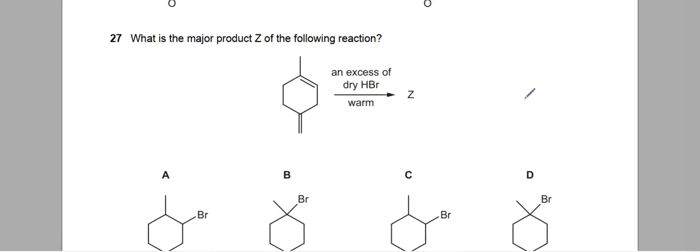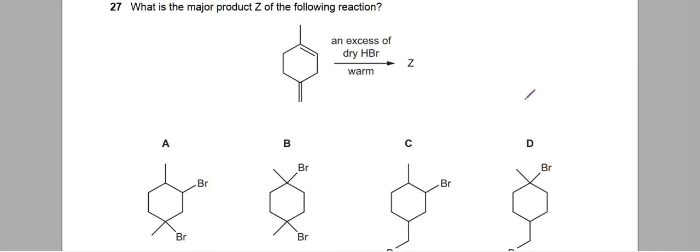Major product of the following reaction. This is basically an addition reaction on the alkene. Under this condition, we will form a carbocation, because it's asking about the major product.